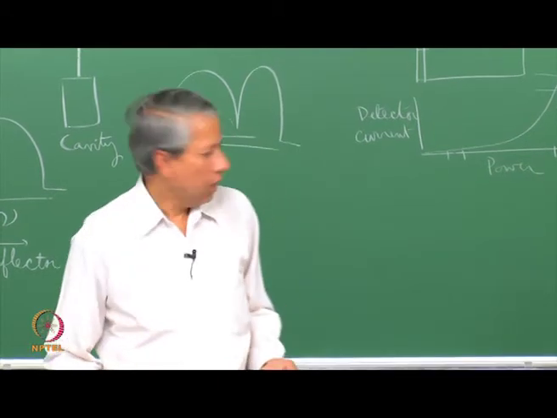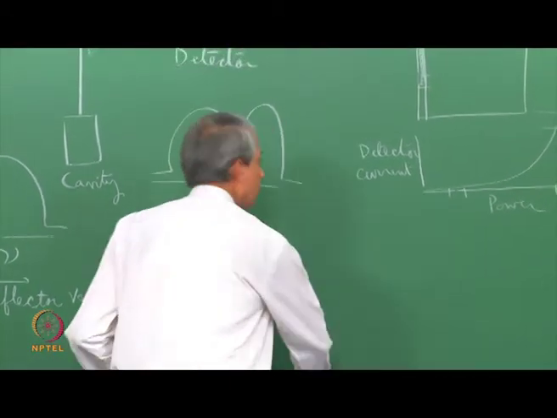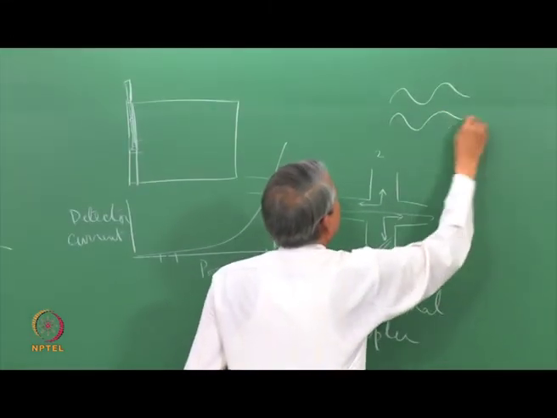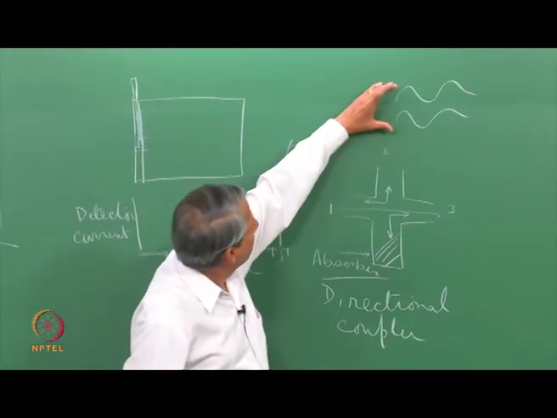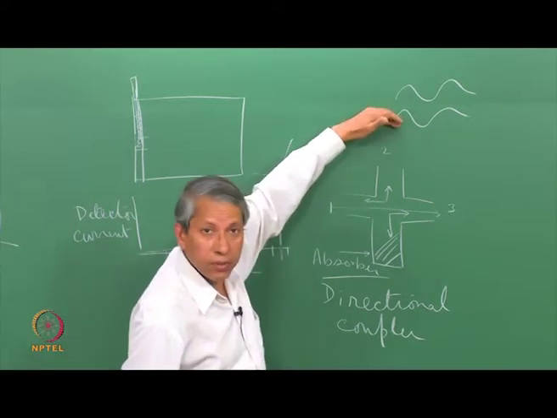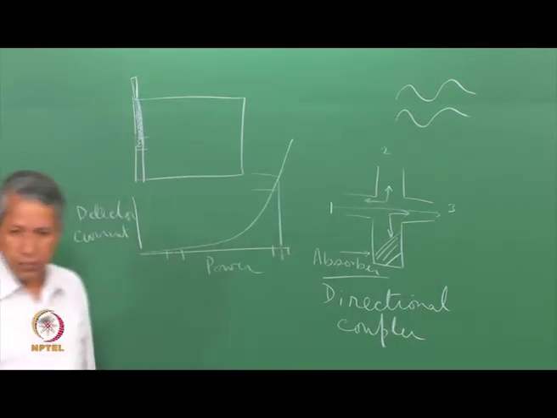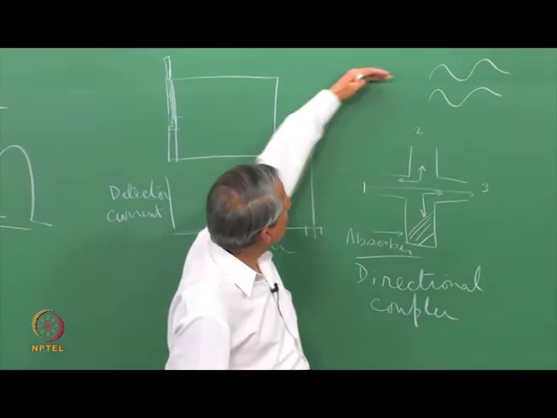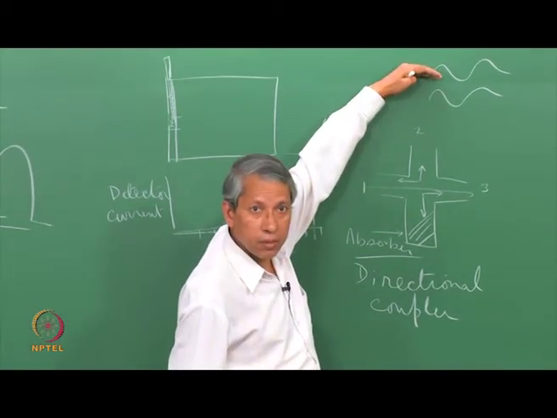So, we must have some way to make these 2 radiations have the same phase. Now, that is done by changing the phase of the reference power or the bias power that comes through the bias arm.